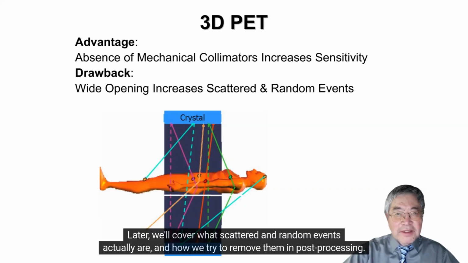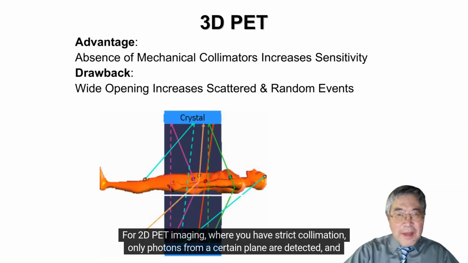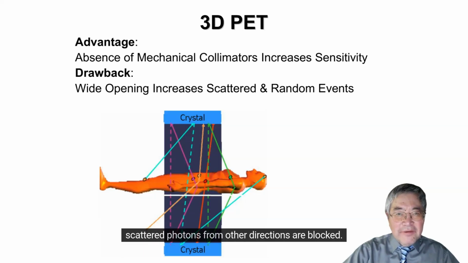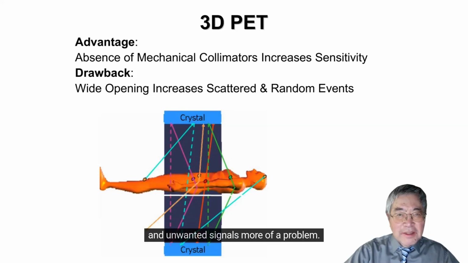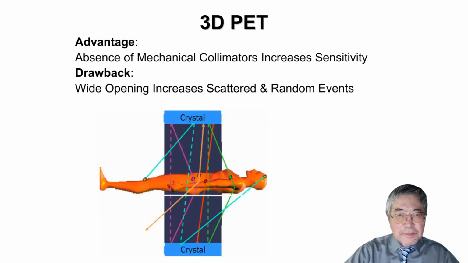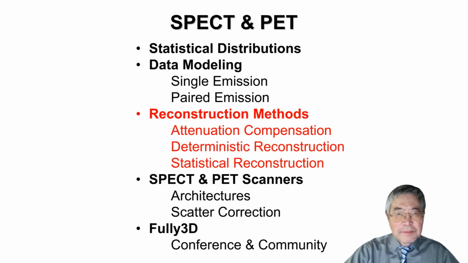Later, we'll cover what scattered and random events actually are and how we try to remove them in post-processing. For 2D PET imaging, where you have strict collimation, only photons from a certain plane are detected, and scattered photons from other directions are blocked. But in 3D PET, you let in more data, and while that's a benefit for sensitivity, it can also make noise and unwanted signals more of a problem.